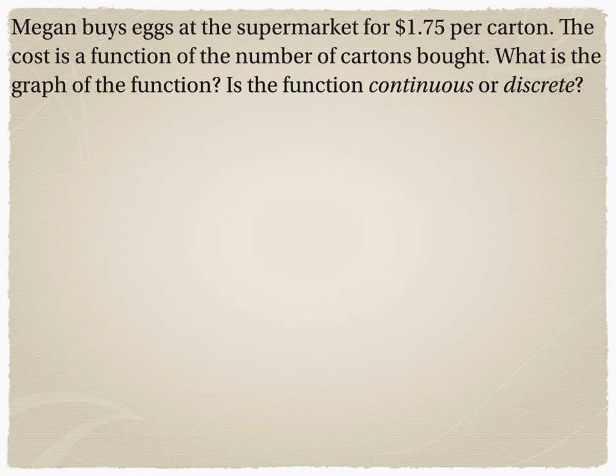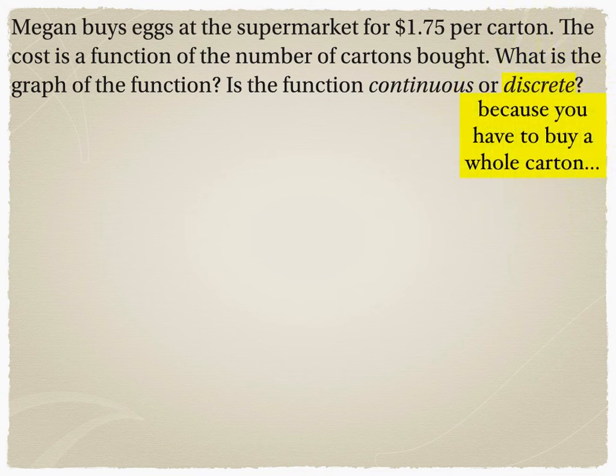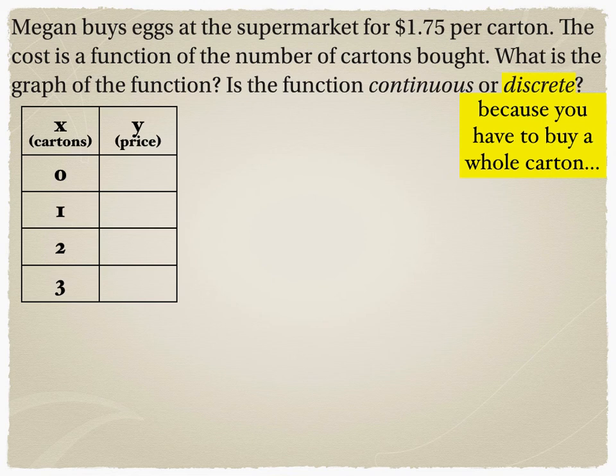You have to either buy 12 or 24 or 36. You have to buy them by the dozen. So this function is actually going to be discrete because you have to buy a whole carton. You can't just take a certain amount of eggs from a carton and pay that ratio of the carton cost to how many eggs that you have.